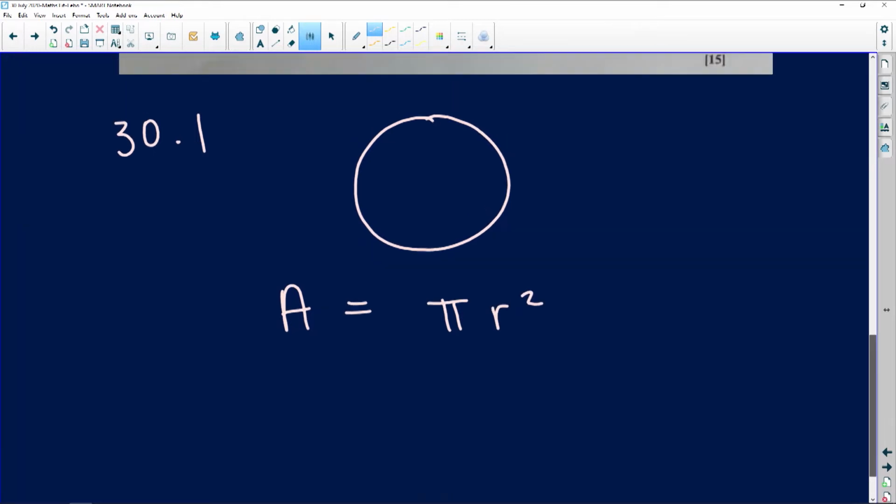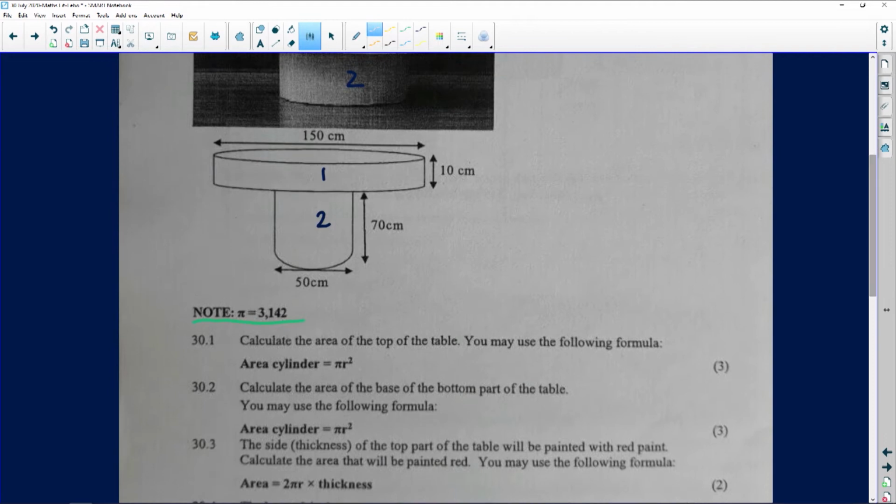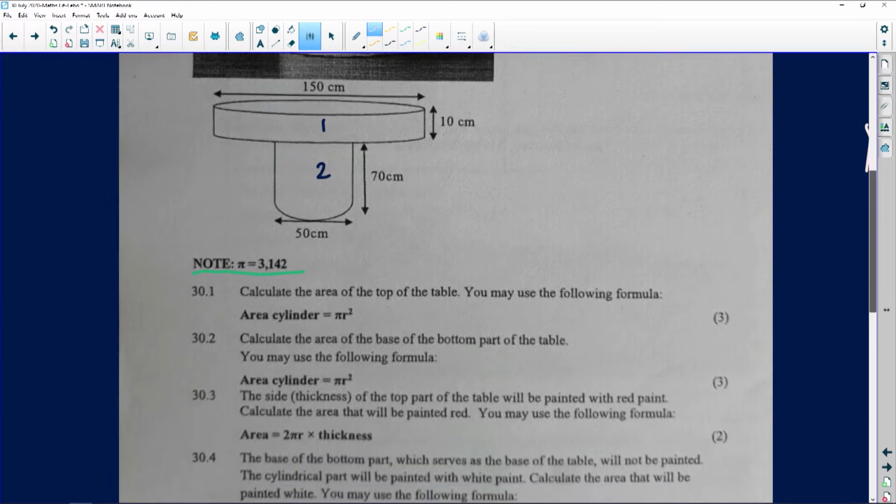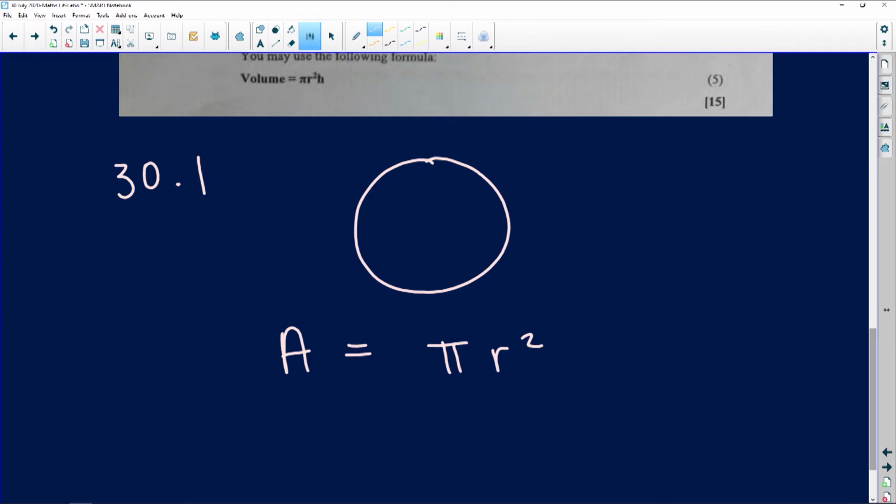Look at this particular circle that we have been given. We have not been given our radius, but what do we know about a circle? We are given the diameter. Let's put in the diameter: 150 centimeters. You need to know the relationship between diameter and radius.